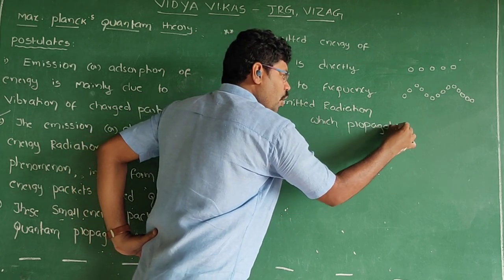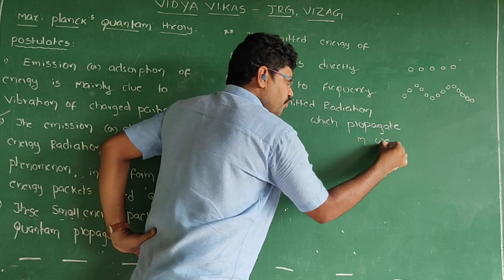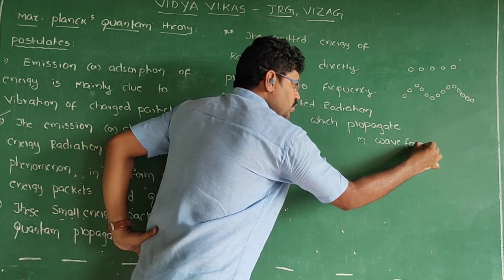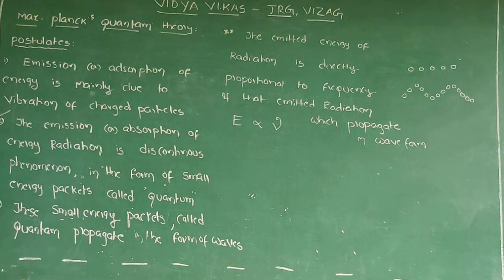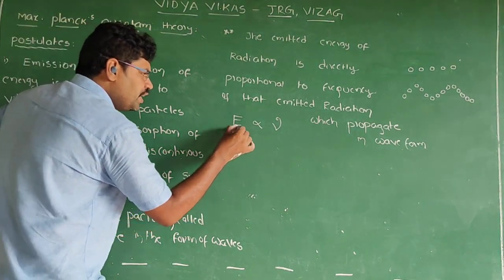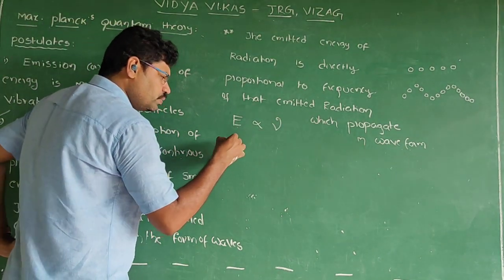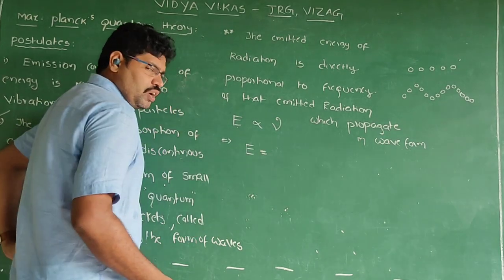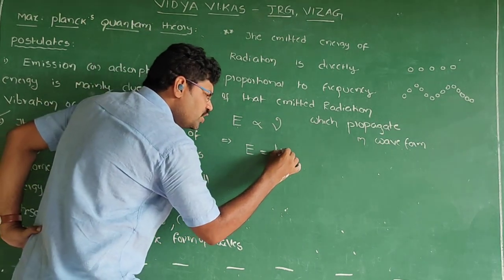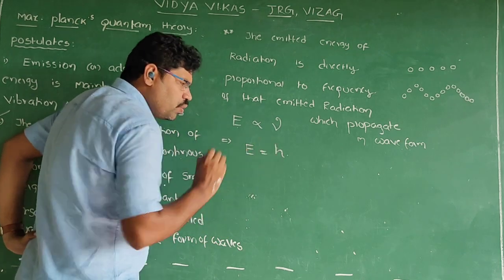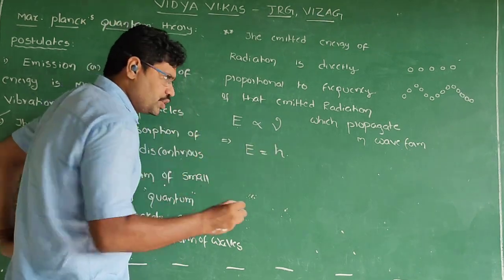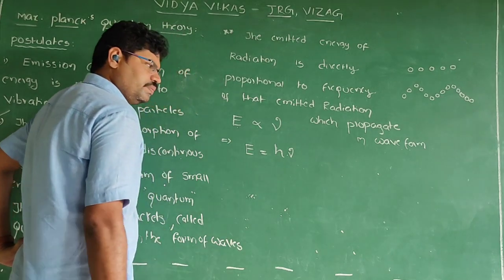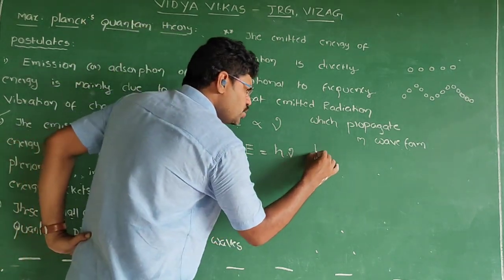Dear students, and that's why E is directly proportional to nu. But students, while we remove proportionality constant, we introduce a new constant here, and that's what we call H along with nu. Sir, what is H sir here?